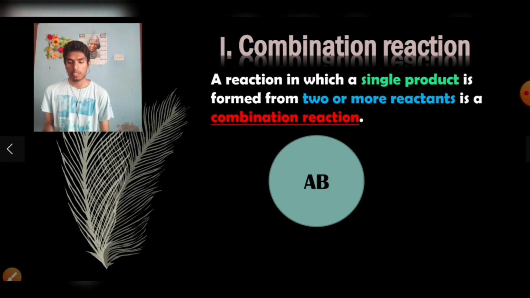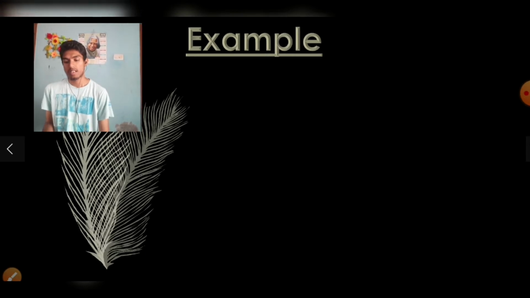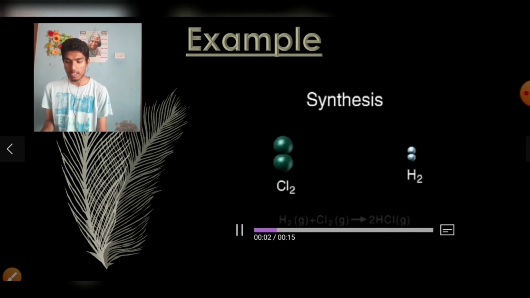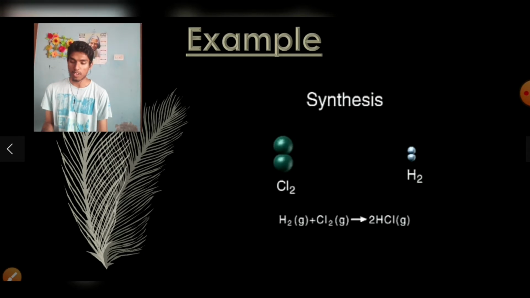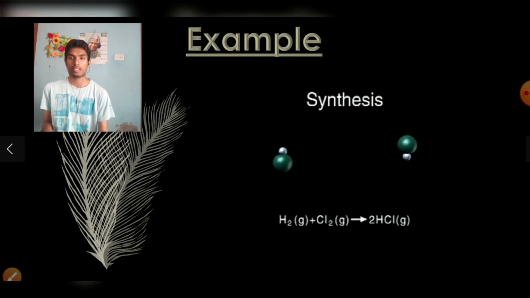So let me show you some examples of a combination reaction. This is a visualization that I have taken from the net. Please look at it very carefully. So here they have taken an atom of hydrogen and an atom of chlorine. They are combining with one another and forming a product which is hydrochloric acid, HCl.